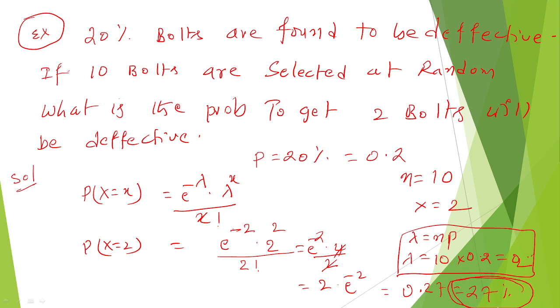Out of 10 bolts, the probability that 2 bolts will be defective, by using Poisson distribution, we found is a 27% chance. The remaining 73% is the probability of not getting the defective bolts. Only a 27% chance is there to get the defective bolts.